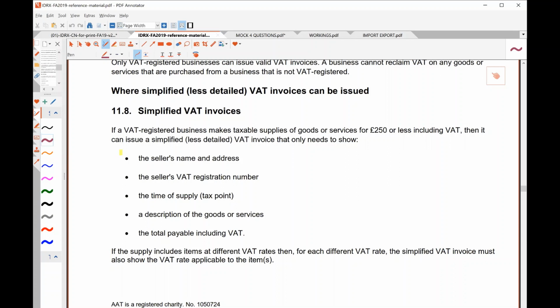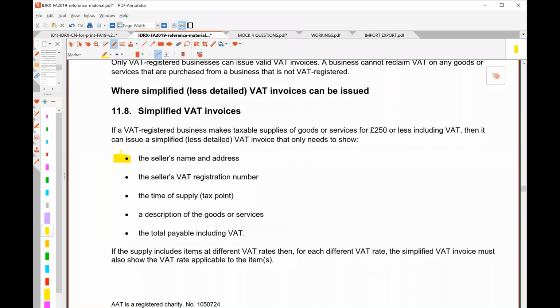So that's the person who's selling it, the supplier, if you like. The seller's VAT registration number, the time of supply, in other words, the tax point, and we're going to look at that later anyway, a description of the goods or service, and the total payable, including VAT.